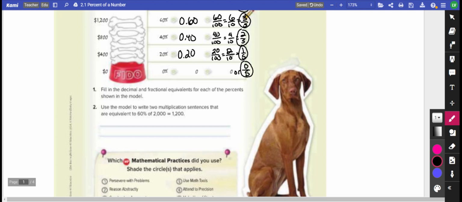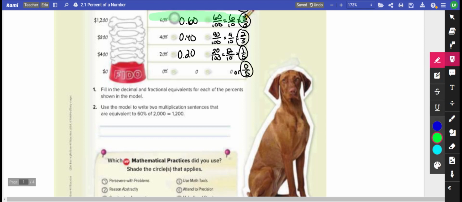So number 2, use the model to write 2 multiplication sentences that are equivalent to 60% of 2,000, which is 1,200. So 60%, I'm just going to go in and highlight that entire row.